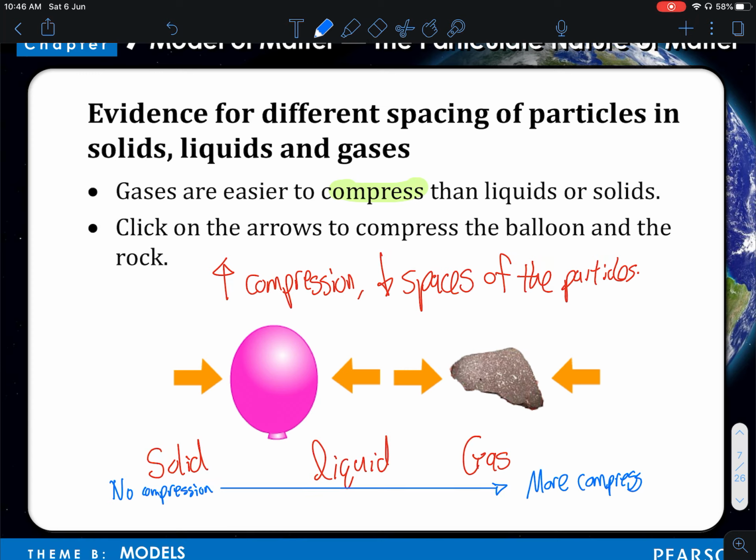What does this mean? This means that gas has more spaces between particles, while over here in solids there are almost no spaces. So this is one example that you can do.